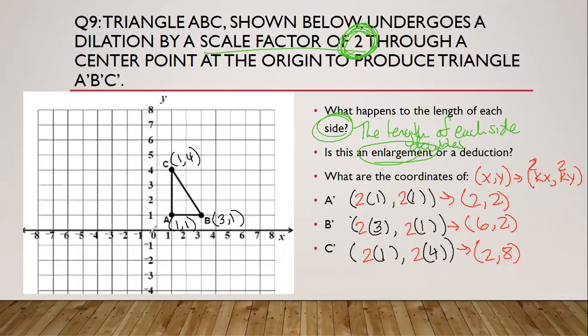So when I graph those, I have 2. Does this graph seem off to you guys? A little, right? Okay, I'm not tripping. Okay, so 2 and 2, that's going to be A prime. 6 and 2, that's going to be B prime.